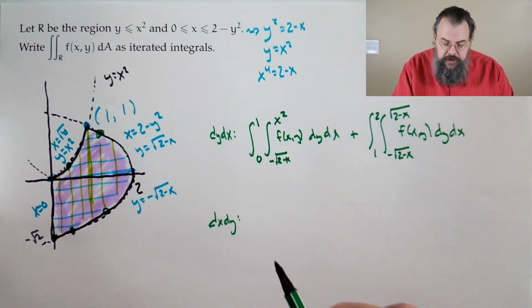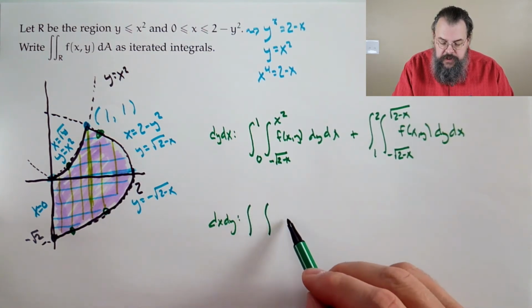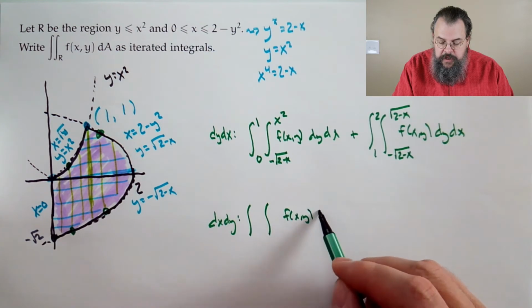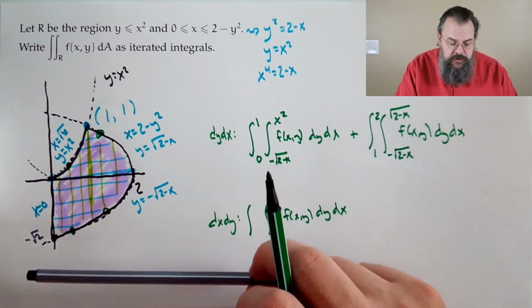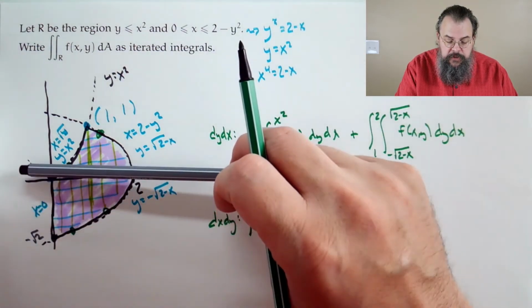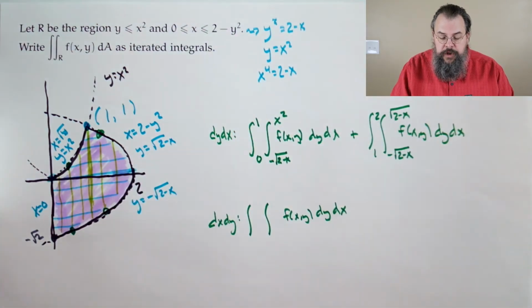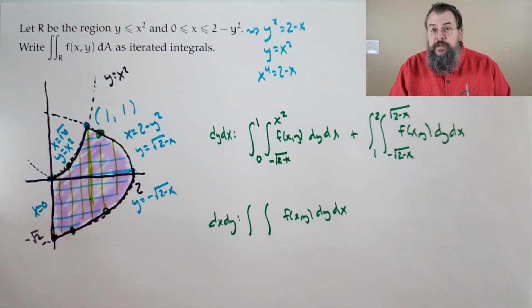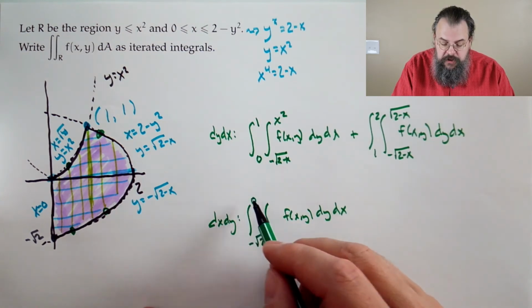We're going to have integral, integral, and our function f of xy dy dx. Now we go from the starting point, the low point, minus root 2, up to as far as we can go with the same curve. That's to where we transition, which would be the x-axis, at y equals 0. So minus root 2 up to 0.